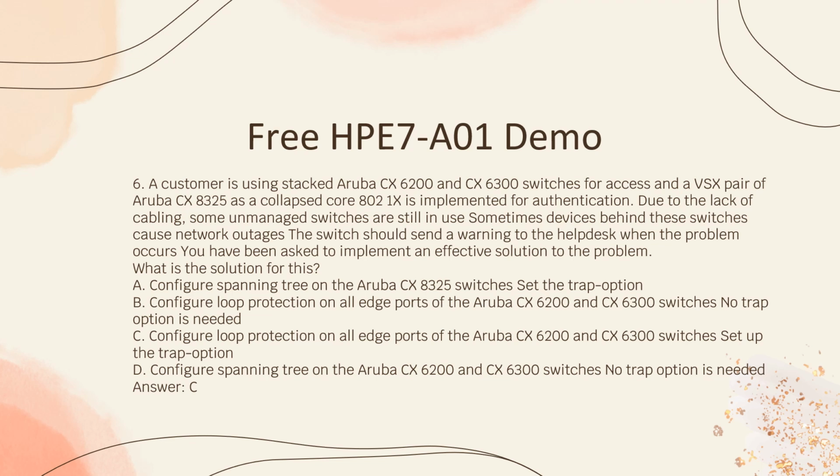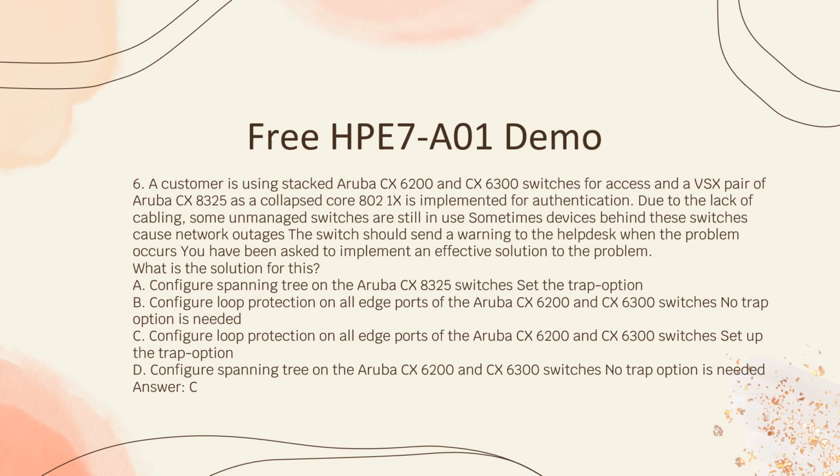A. Configure spanning tree on the Aruba CX 8325 switches. Set the trap option. B. Configure loop protection on all edge ports of the Aruba CX 6200 and CX 6300 switches. No trap option is needed. C. Configure loop protection on all edge ports of the Aruba CX 6200 and CX 6300 switches.